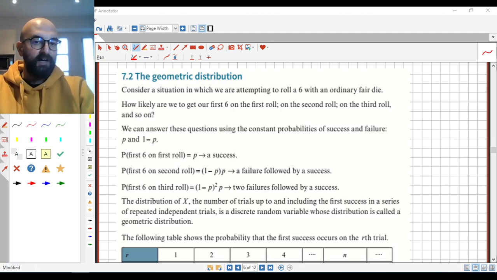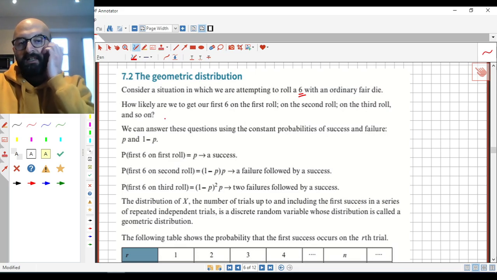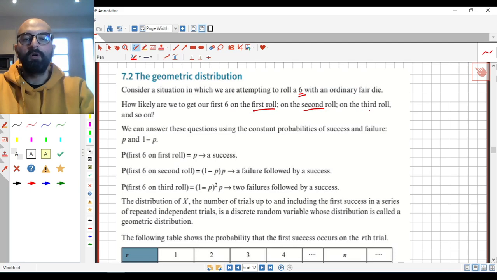Okay, let's get started. Consider a situation in which we are attempting to roll a 6 with an ordinary fair die. How likely are we to get our first 6 on the first roll, on the second roll, on the third roll, and so on?